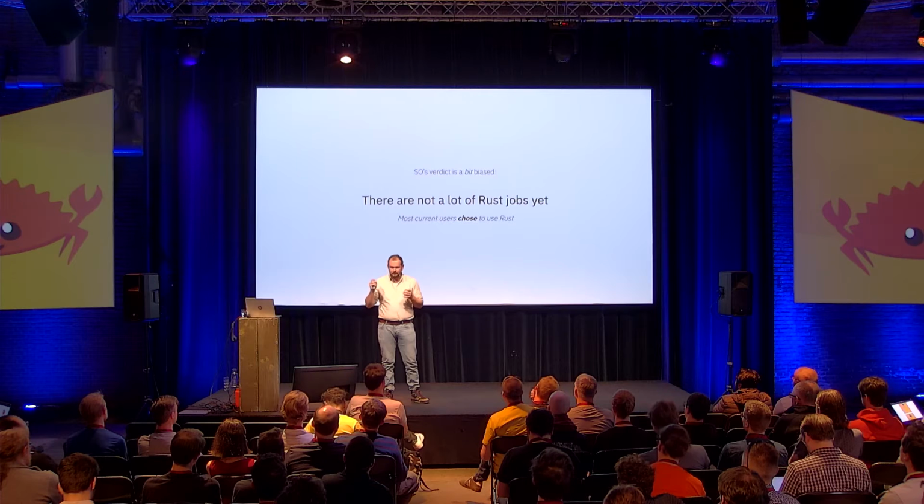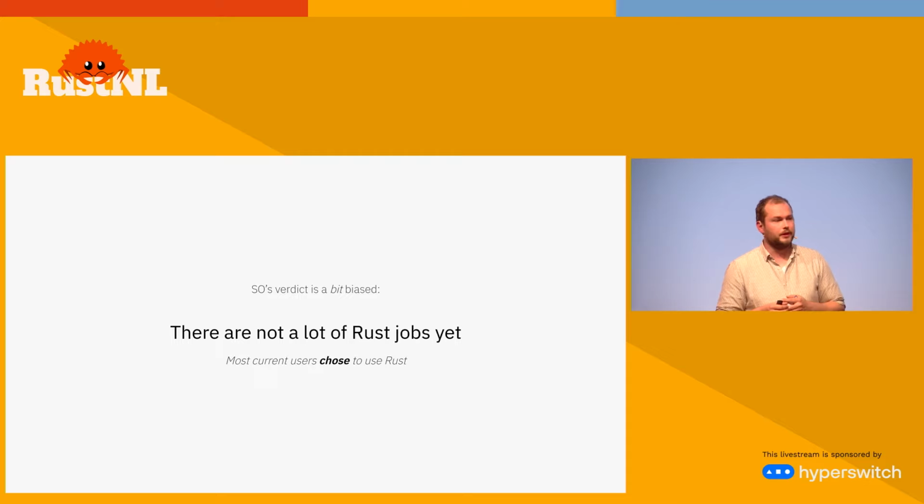But there is more to this verdict, because Stack Overflow measures the relative amount of people that have been using Rust in the current year and want to use it again in the next year. And the twist here is that not a lot of people are forced to do Rust by their employer. And that is because, well, there aren't a lot of Rust jobs out there just yet.